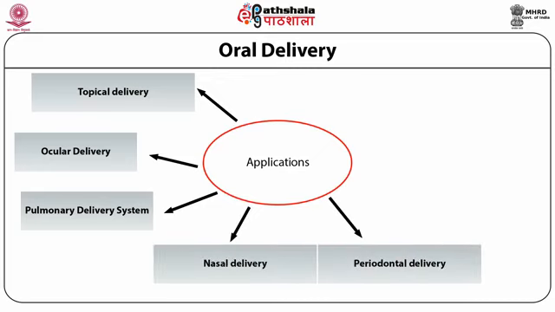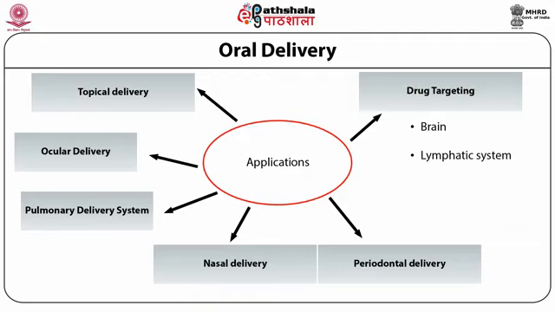Apart from that, microemulsion based delivery systems are also effective for drug targeting, like brain targeting, drug targeting to the lymphatic system, to tumor cells, as well as cellular targeting systems. They are also useful in these areas.